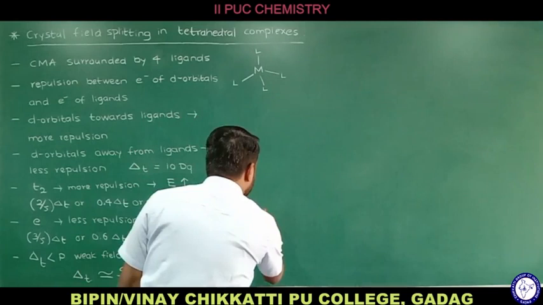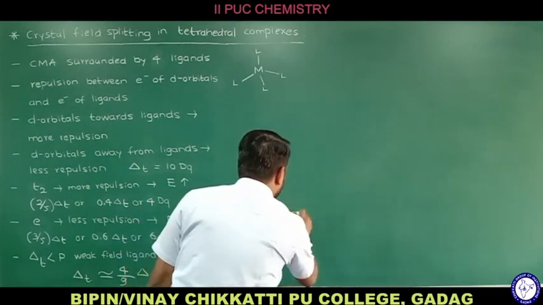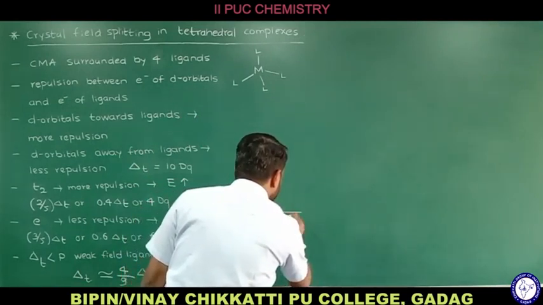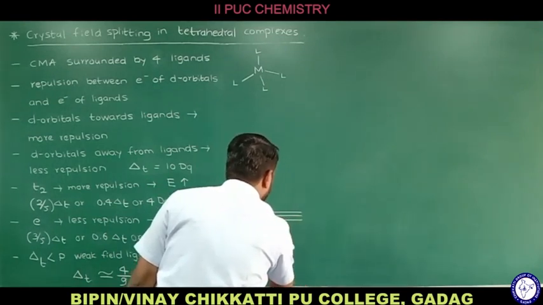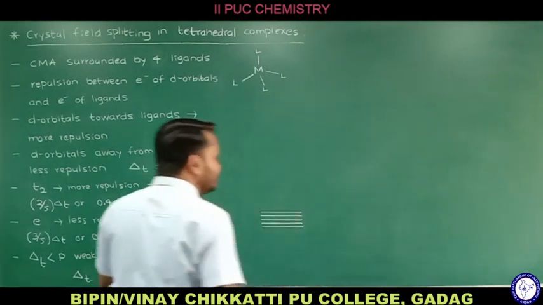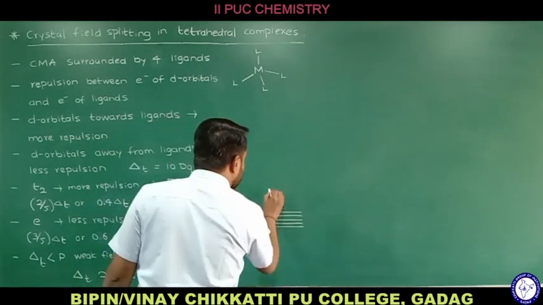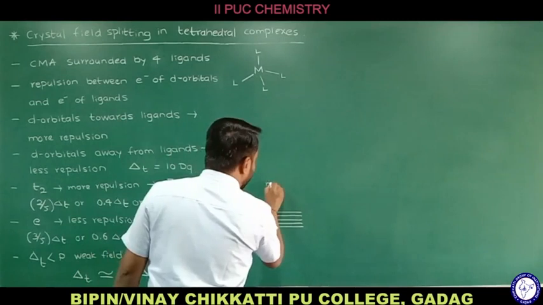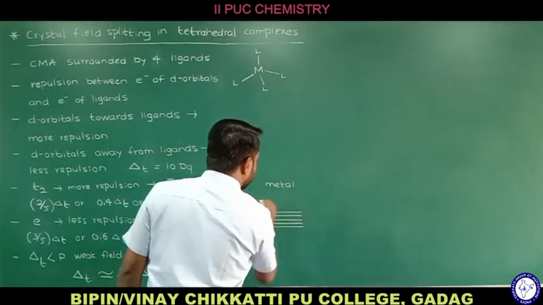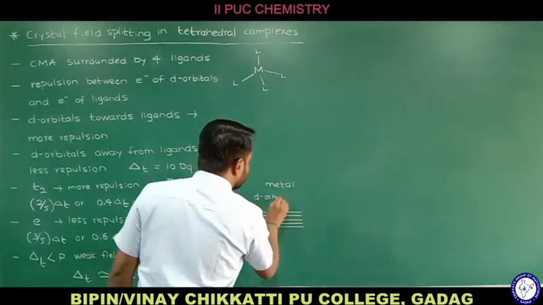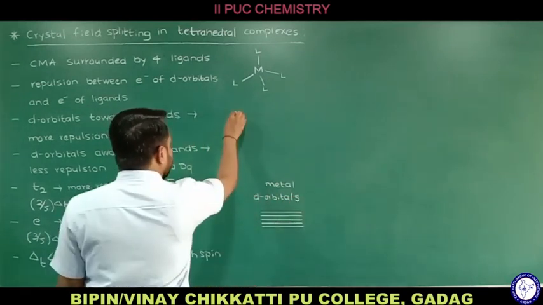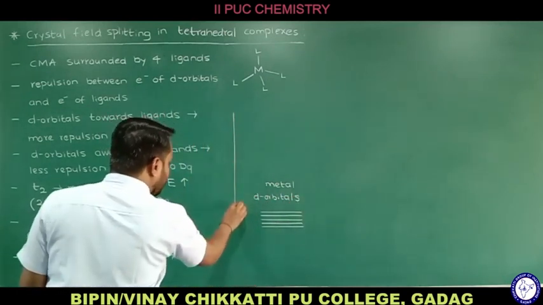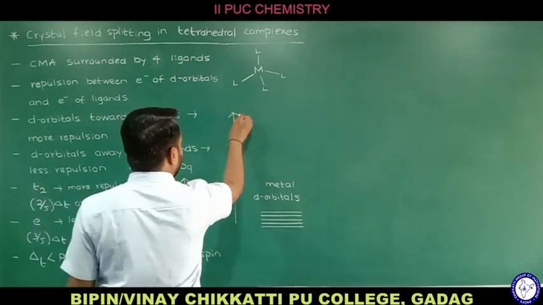So I consider 5 horizontal lines, and these represent the 5 d atomic orbitals, and they are degenerate. These are metal d orbitals. In general, energy varies from bottom to top.